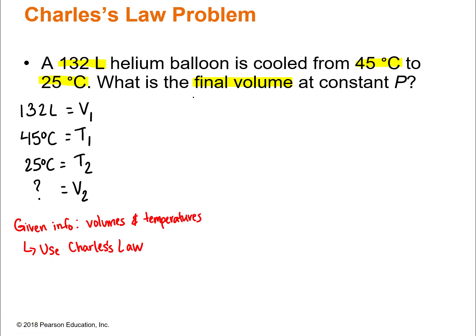So Charles's law is this. We said cross multiply first. And then you can solve for whichever variable you need. In this case, we need the final volume, which is V2.